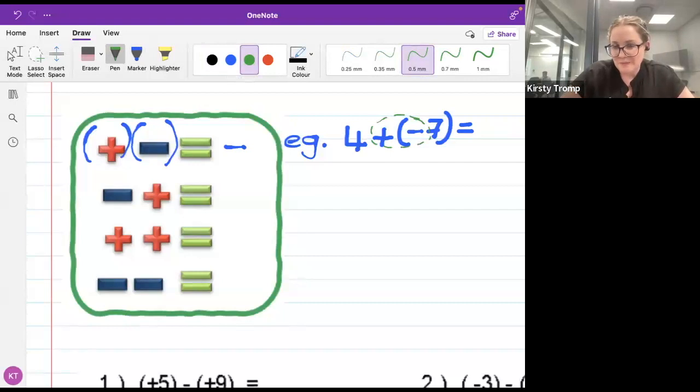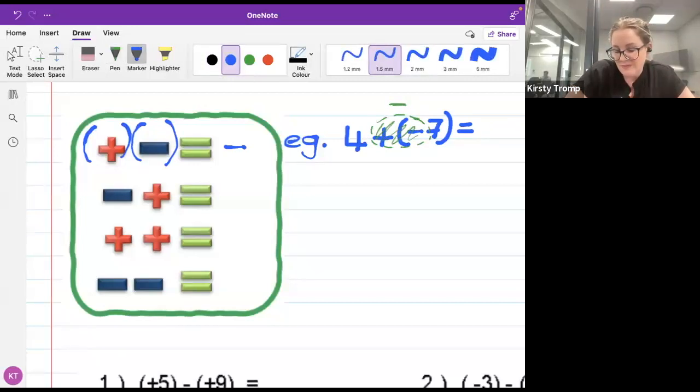Then we're going to make it a negative. I can see a positive and a negative. I know the negative's the biggest sign. I'm going to cross them out and put a negative. Then the answer will be -3. Fantastic. 4 minus 7 gives me -3. You are a rock star. Amazing. Well done. Thank you so much for helping me out.